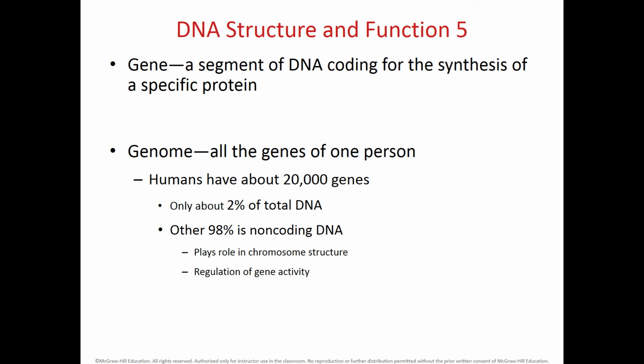In general, humans have about 20,000 genes, and they make up only about 2% of the total DNA, and the other 98% is what we call the non-coding DNA. In the non-coding DNA, we have structures that are important to regulate the gene activity and to actually produce many varieties of proteins.